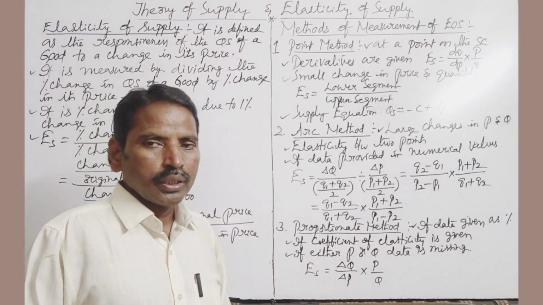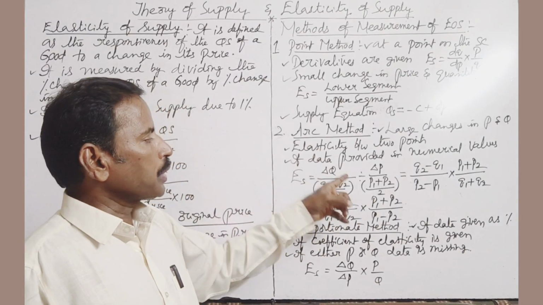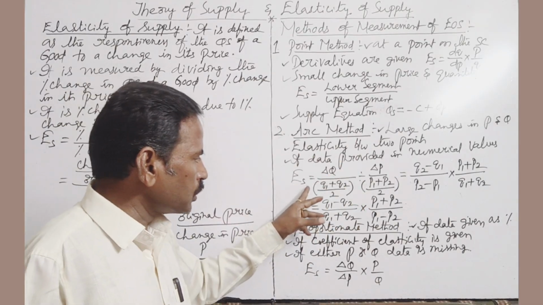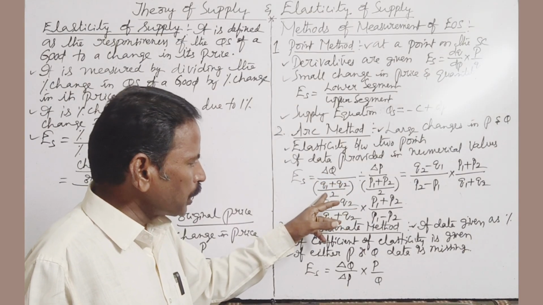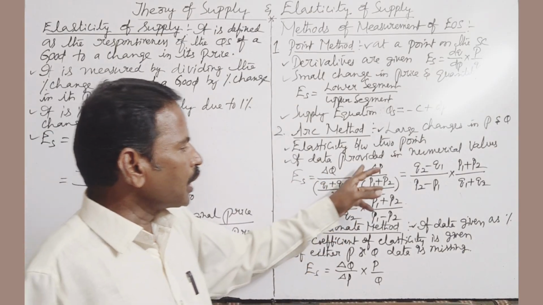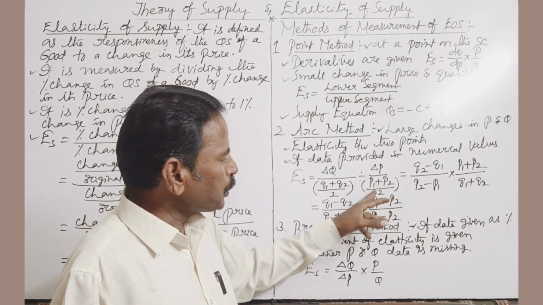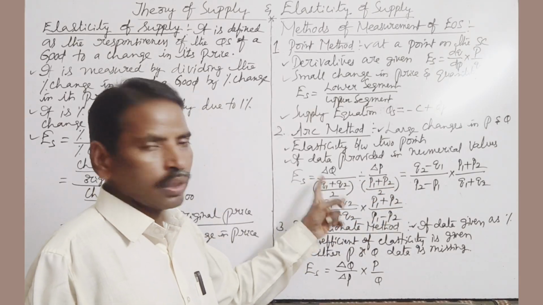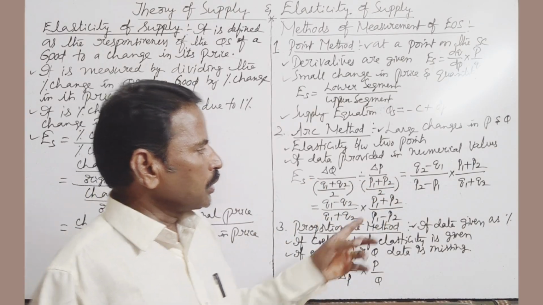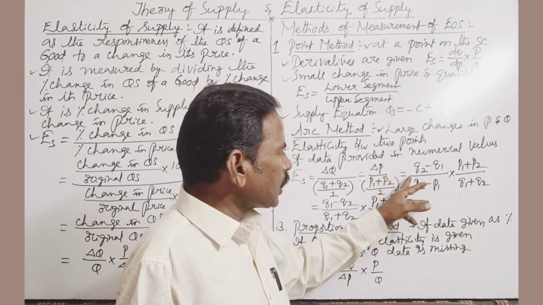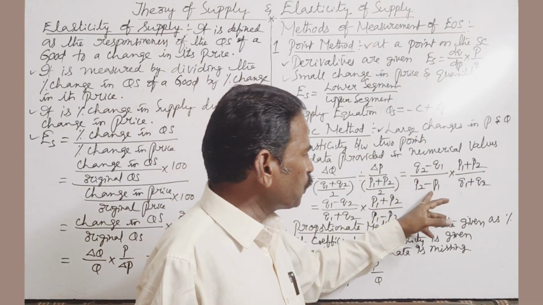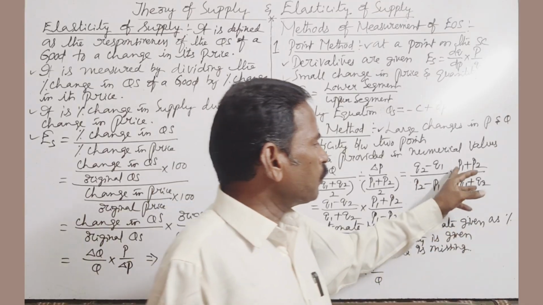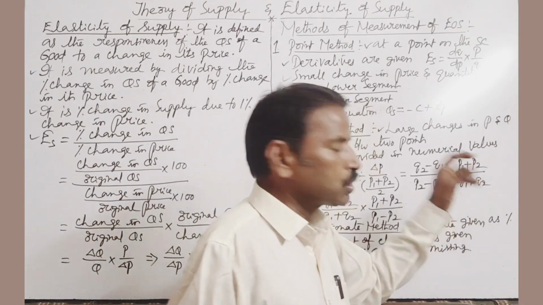The formula to measure price elasticity of supply, ES is equal to delta Q by Q1 plus Q2 by 2 divided by delta P by P1 plus P2 by 2. This is one formula. So elasticity of supply is equal to Q2 minus Q1 by P2 minus P1 into P1 plus P2 by Q1 plus Q2.